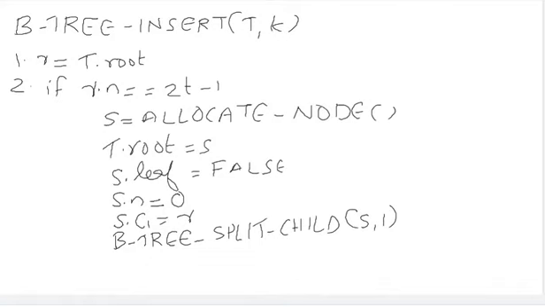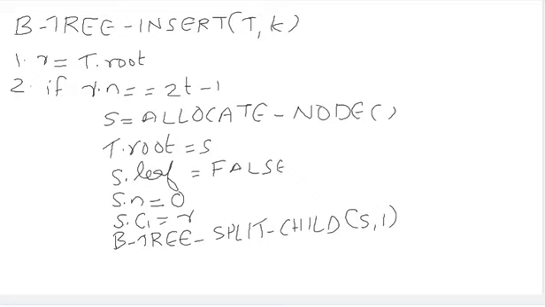S has only a single child, so S comma 1 means that we split S dot c1, which is nothing but R. After splitting this we get two nodes, and then we insert the key into them.